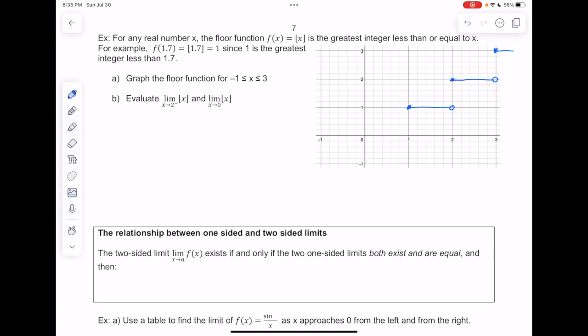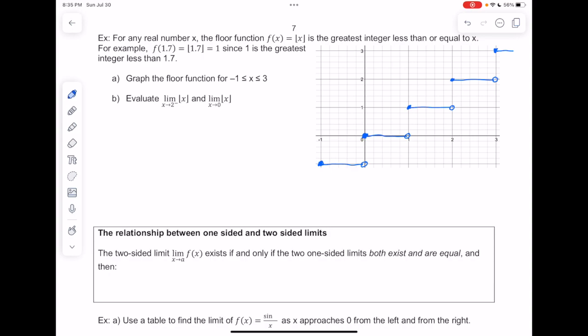So it's what we refer to as a step function. It goes along, and then when it reaches the next integer, it jumps up. So the floor of 0.7 is 0, the floor of 0.314 is 0. And then over here on the left-hand side, we'd have something similar going on with that step pattern continuing.